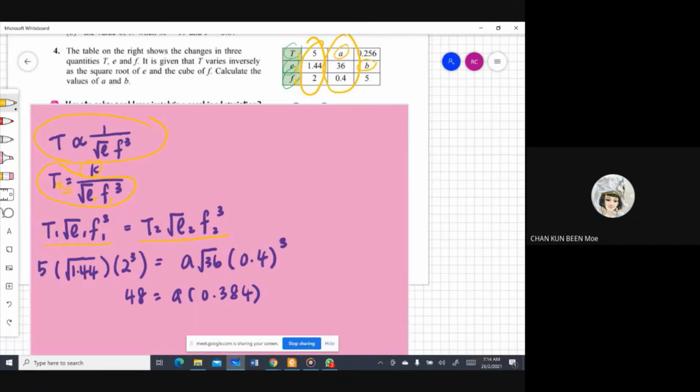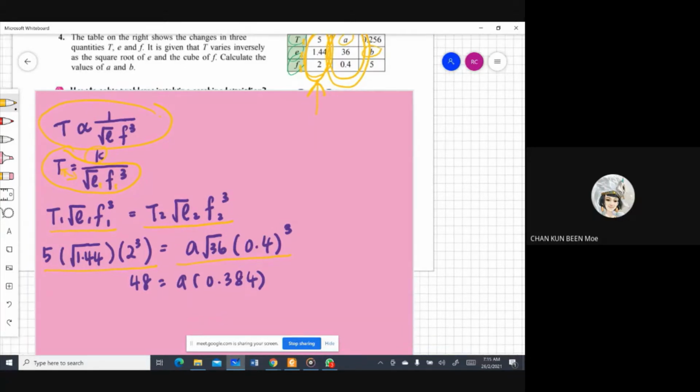So from here, you multiply straight away. 5 times square root of 144 times 2 cubed, you substitute everything, is equal to A times square root of 36 times 0.4 cubed. Everything is the same. Just press your calculator, then you will get 48 is equal to A times 0.384.